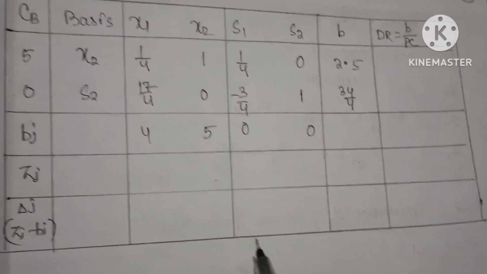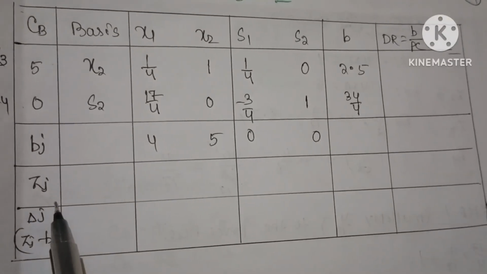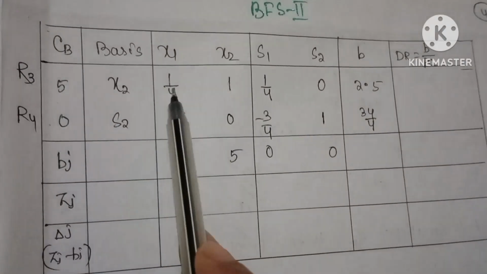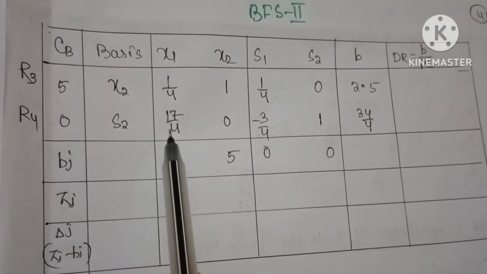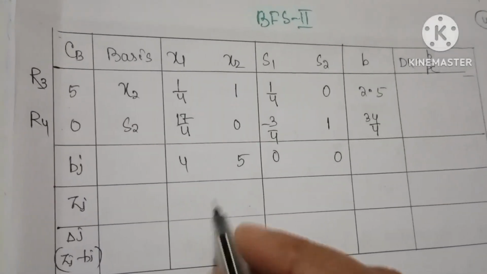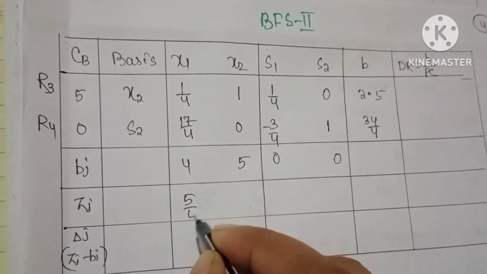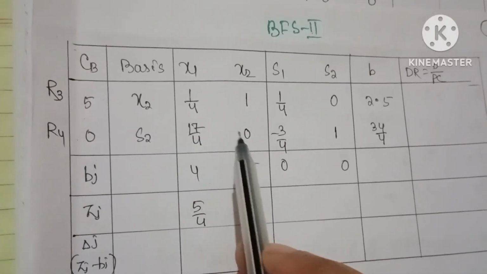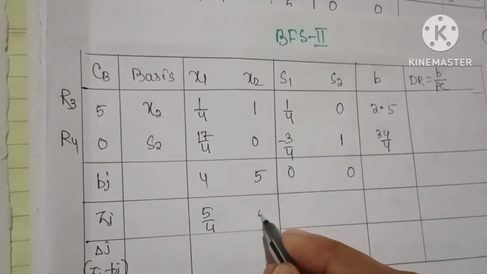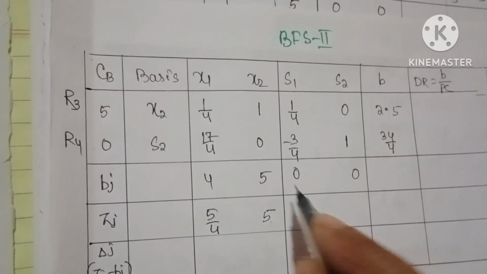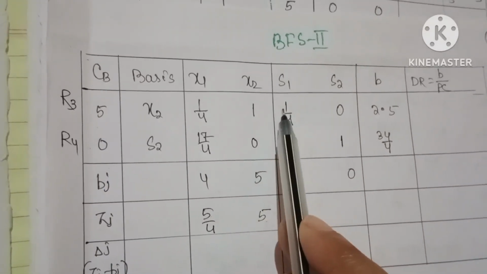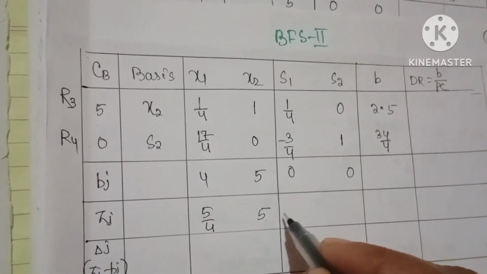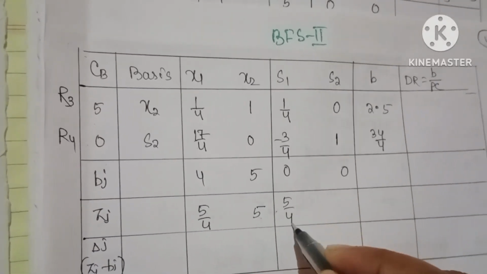Next we will calculate the z values. Here z1 equals 5 into 1 by 4 plus 0 into 17 by 4, so this becomes 5 by 4. Z2 equals 5 into 1 plus 0 into 0, so this becomes 5. Next Z3 equals 5 into 1 by 4 plus 0 into minus 3 by 4, so this equals 5 by 4.